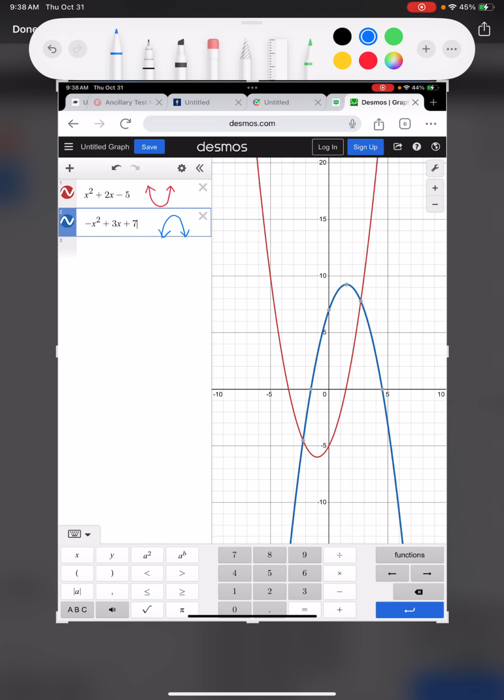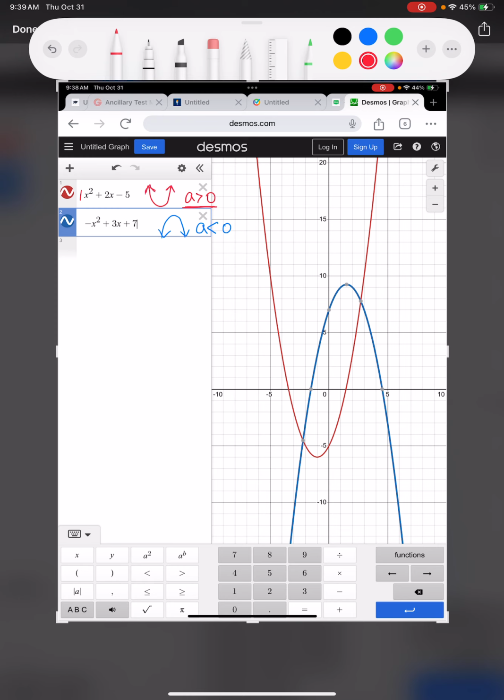So the difference between these two equations is that in the first, your a value is positive, and in the second graph, your a value is negative. So when your a value is positive, your left and right ends are pointing up, right?